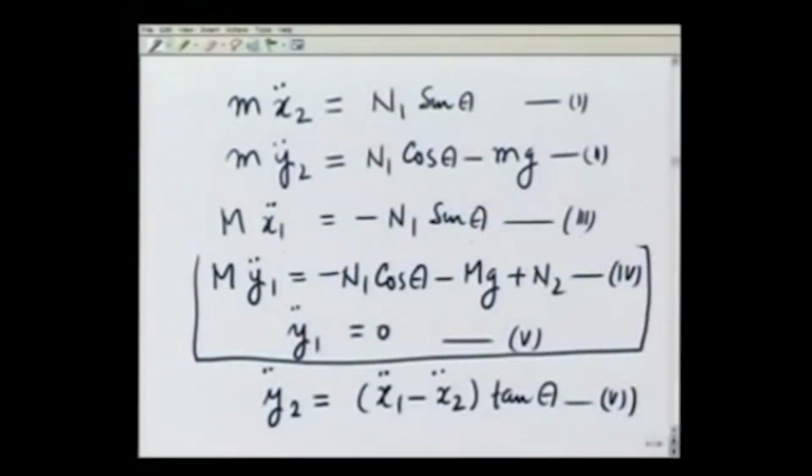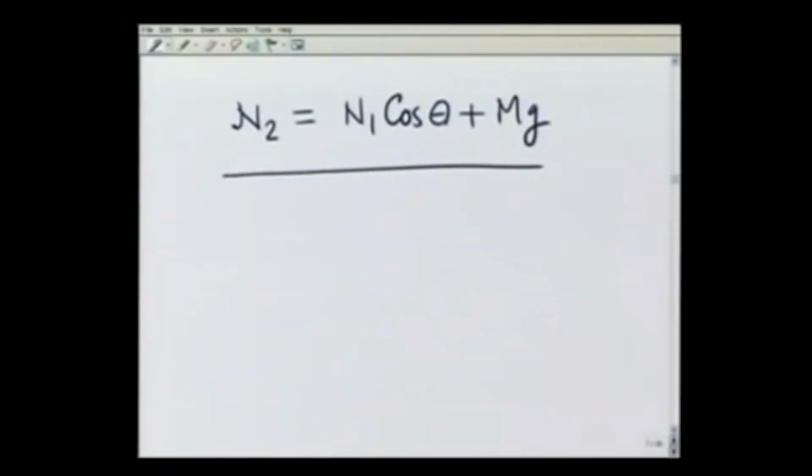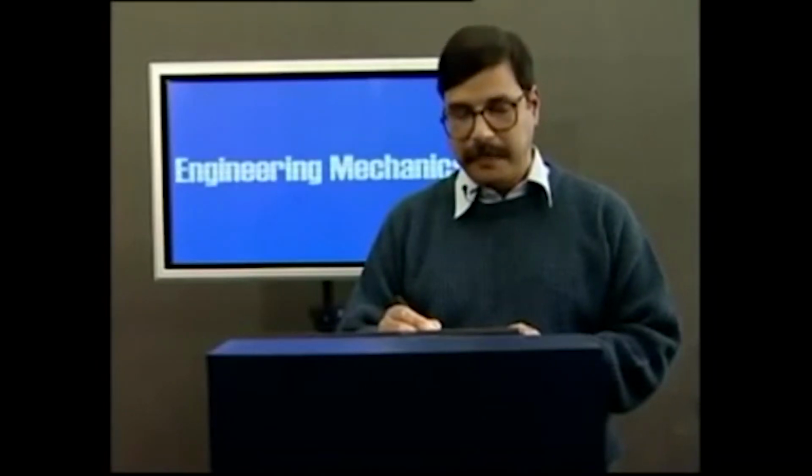These two equations together really give you nothing new but that N2 is equal to N1 cosine of theta plus Mg, which tells you that N2 balances all the vertical forces acting on the wedge. The other equations, when substituted for, would give you a result for N1.